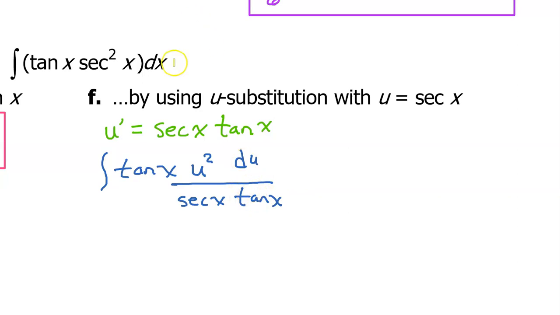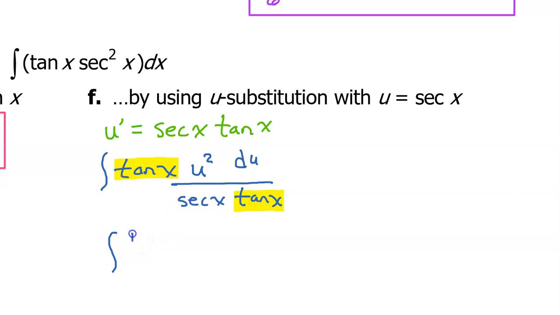Well, I am noticing that we have tangent in the denominator and in the numerator, so those will cancel each other out. I'm momentarily worried because the secant x is still here, but let's see what we can do about that.